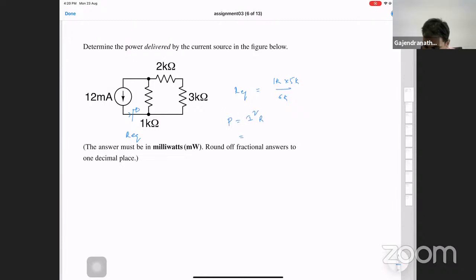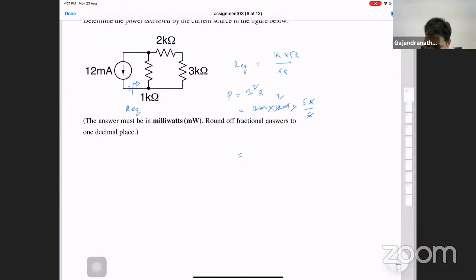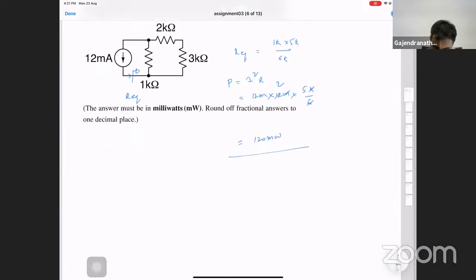I is equal to 12 milli, so 12 milli squared multiplied by R, which is 5K divided by 6, that is 2. So the milli and K cancel, 5 to the 10, so 120 milliwatts is the power given by this current source to the network.